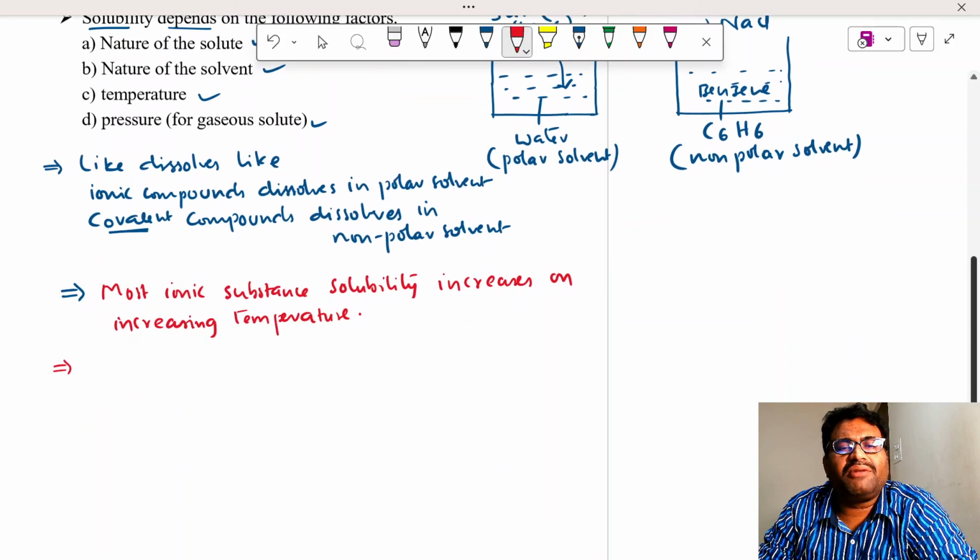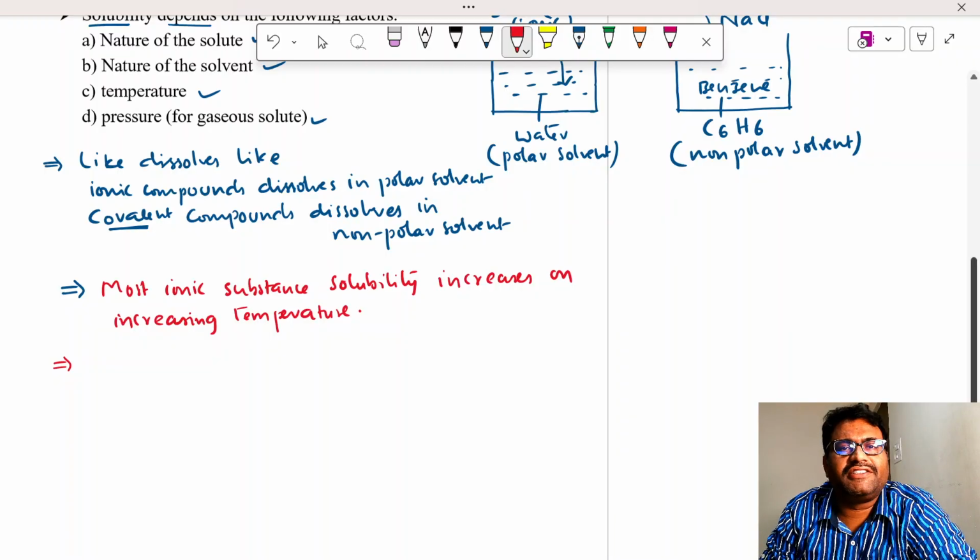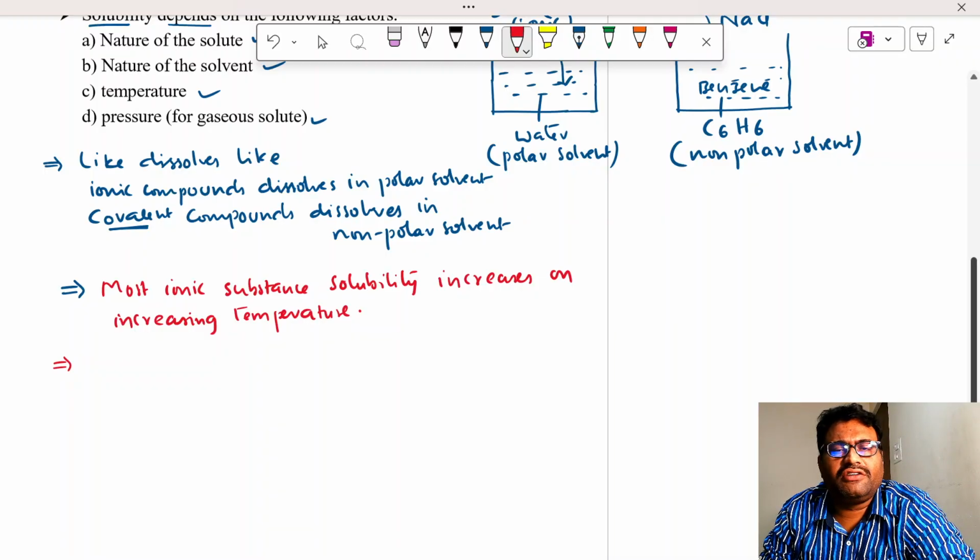That means on decreasing temperature, automatically solubility decreases. Are you getting this? If you go on increasing temperature, the substance will be more dissolved. Right?